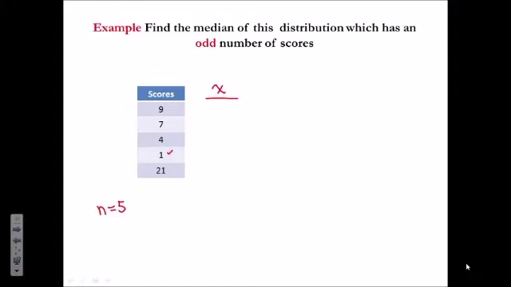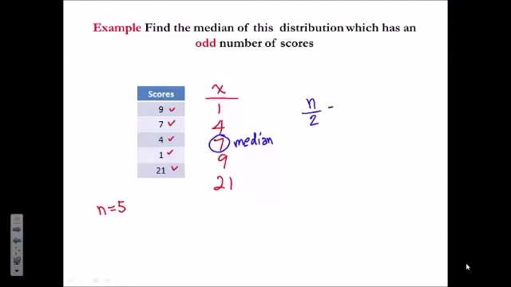So I'll start with the low one, 1, 4, 7, 9, 21. Now the distribution is sorted, and the score in the middle is 7, so 7 is the median of this particular distribution. Another way to do it is to use a formula. You take the sample size and cut it in half.